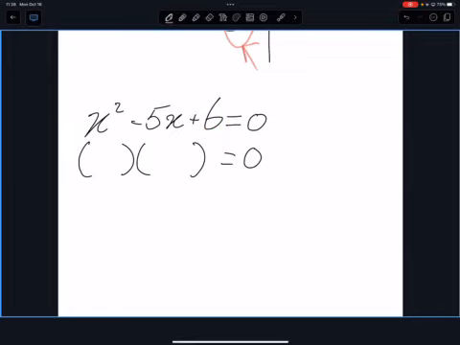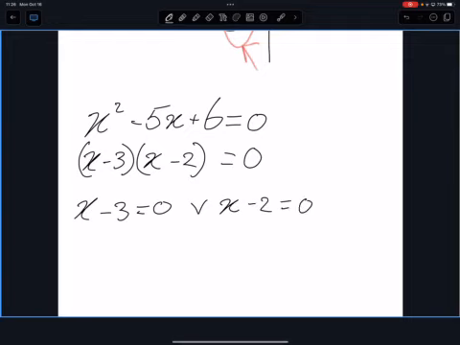You've done about 500 of these, so you just see it and then get to the answer. Minus minus is positive. Added together is minus 5. So x minus 3 equals 0 or x minus 2 equals 0. One of them has to be 0 for the answer to be 0. So x is either 3 or x is 2.